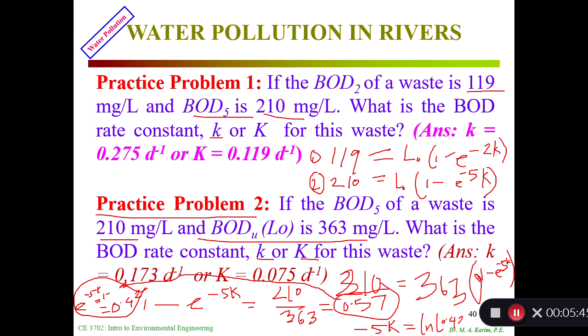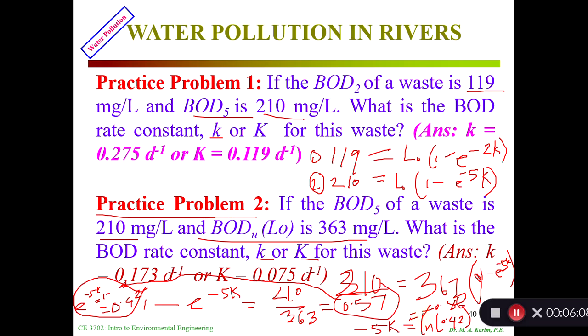Okay, ln of 0.42. If I take the natural log of 0.42, it becomes negative 0.86. Okay, negative 0.86.